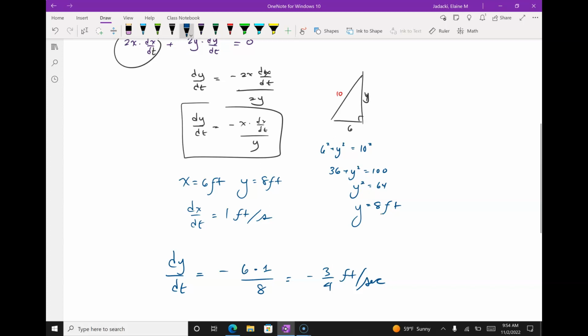Did I do that wrong? No, 3/4, right? So 1 second for the distance. Why is it negative? Because the top of the ladder is moving down, right?